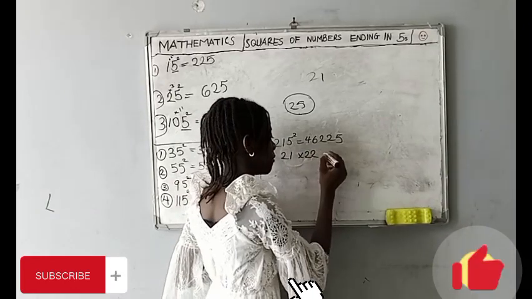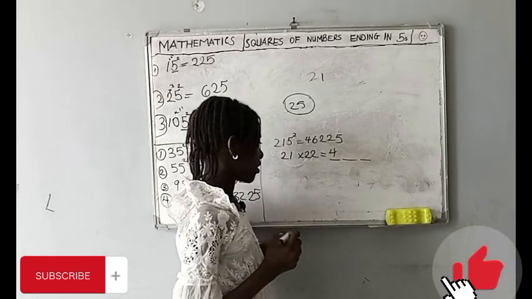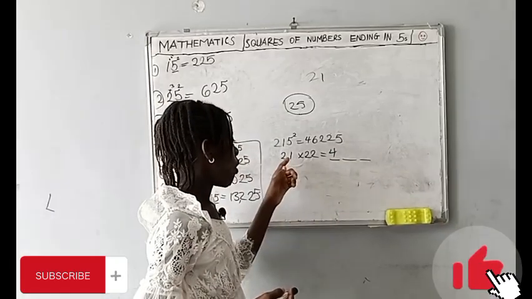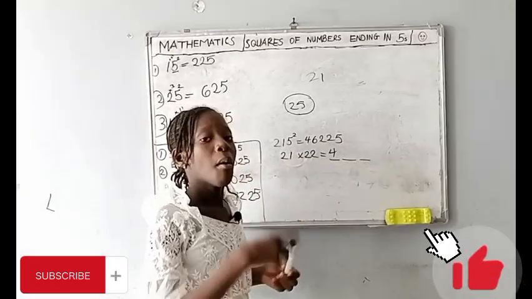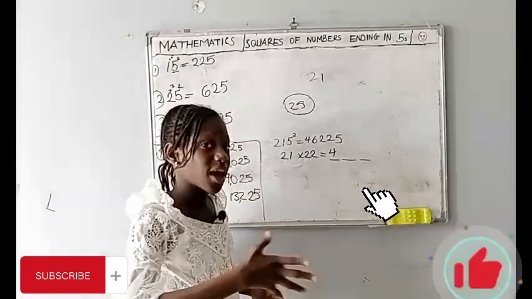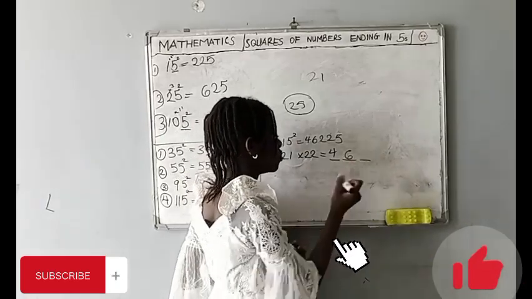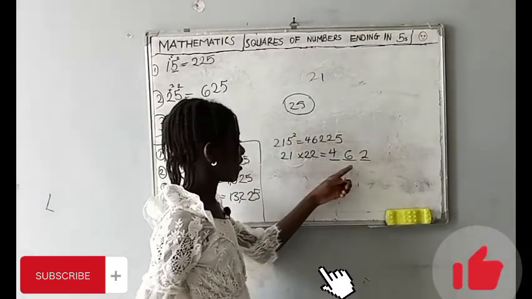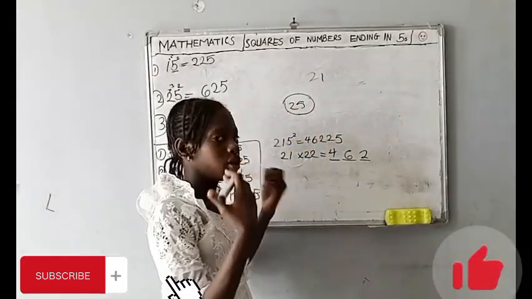That's 4. Then we come over to 1. 1 times 2 is 2, multiplied by a successive number, which is 3. But 2 times 3 is what? 6. Then 1 times 1 is 1. You see, our answer is still correct using the normal method and the abacus method.